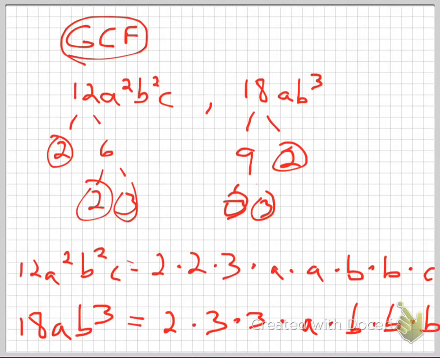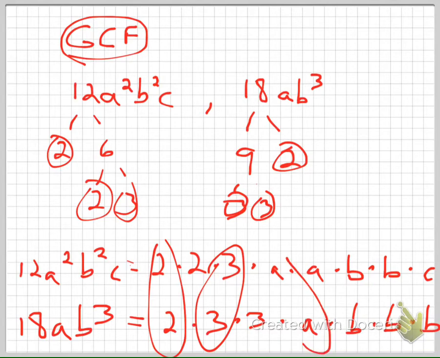What you look for is the common factors, being what is the same in both. Well, we have a set of 2s, we have a set of 3s, we have one set of A's, and we have 2 sets of B's. Does that make sense?